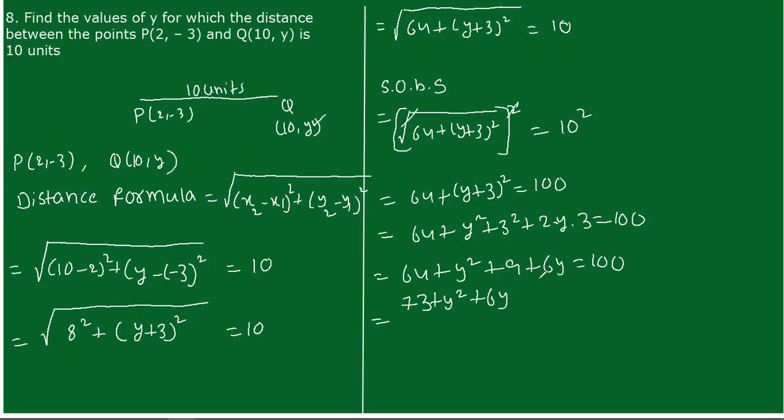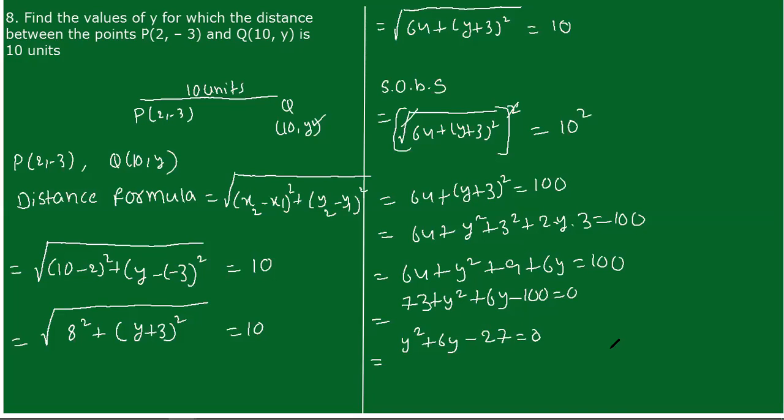Now take this 100 to the left-hand side, it becomes minus 100 equals 0. And here I can write simply y square plus 6y, with minus 100 and plus 73, so it will be minus 27. Now I got it in the form of an equation.